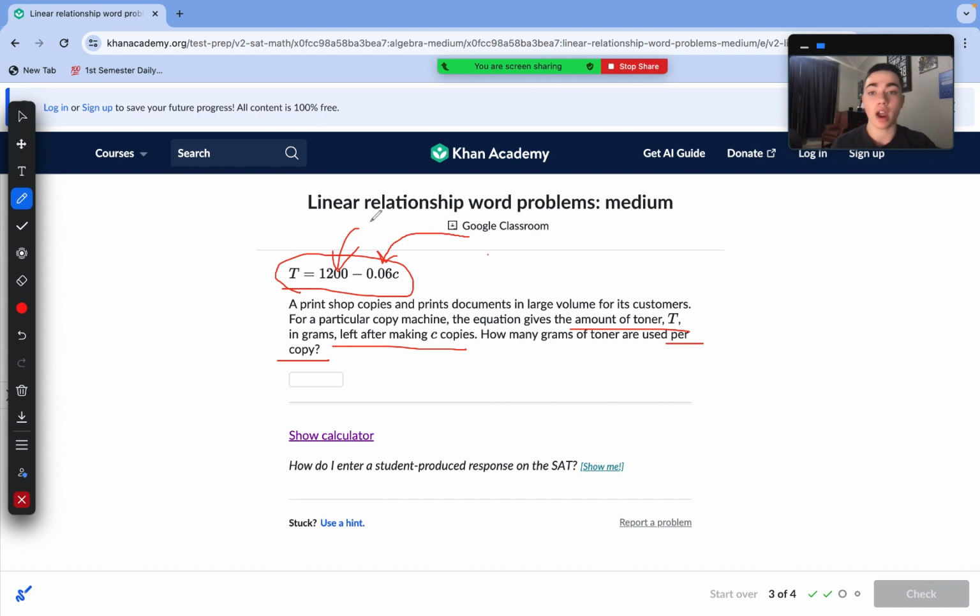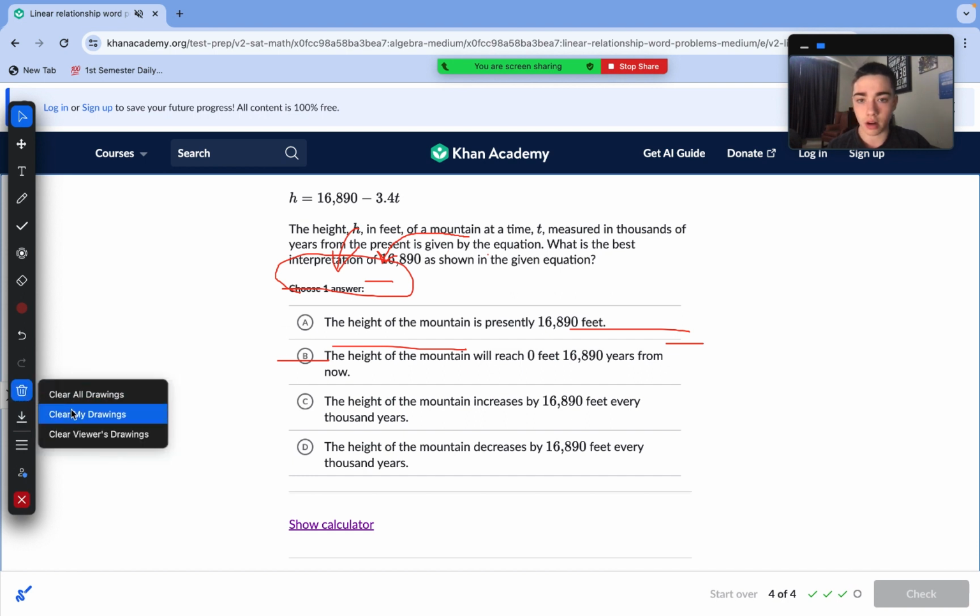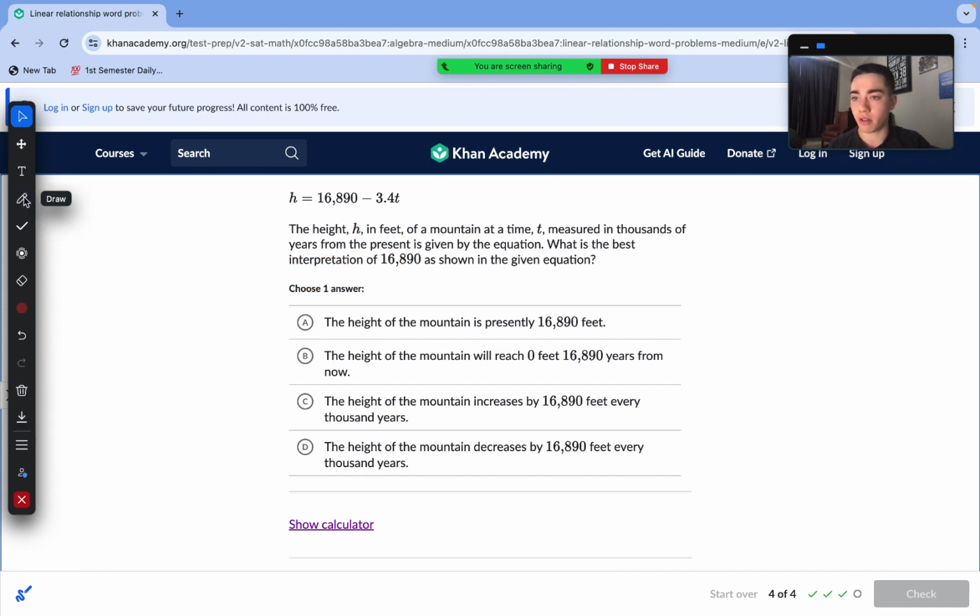It's more of a recognize this linear relationship between our y-intercept and our slope. Our slope means we're subtracting 0.06 for each copy that we make, meaning this 0.06 actually represents the amount of toner that is used per copy. So our answer here is very simple, only 0.06. On to our last one. This is very similar to the previous one.